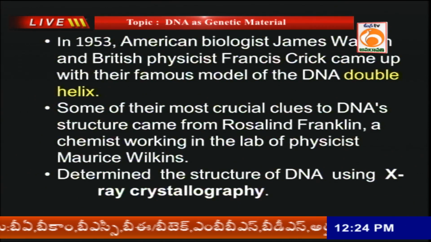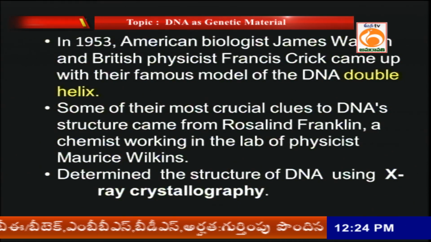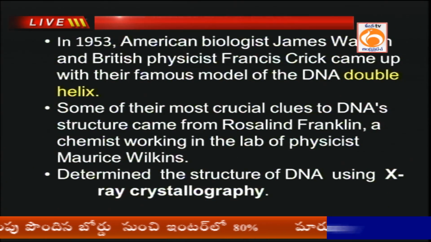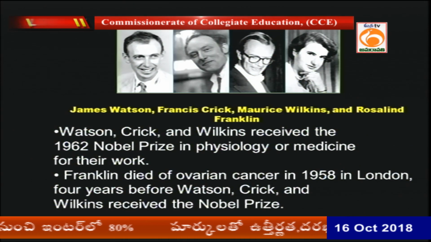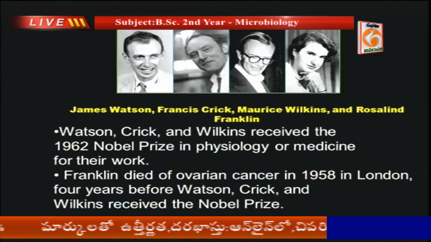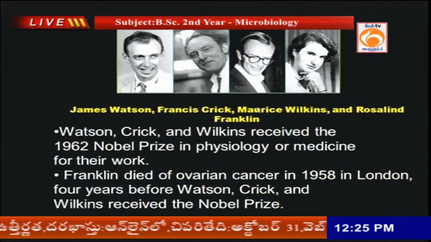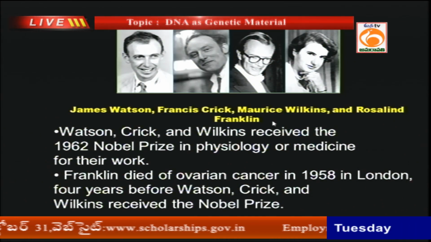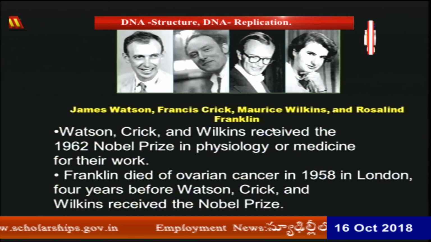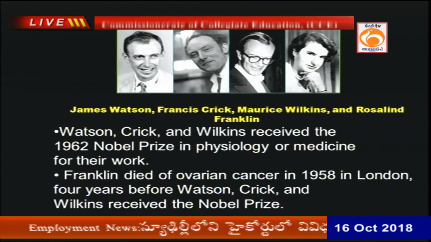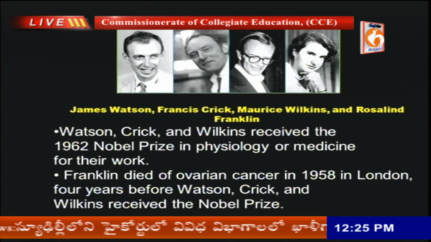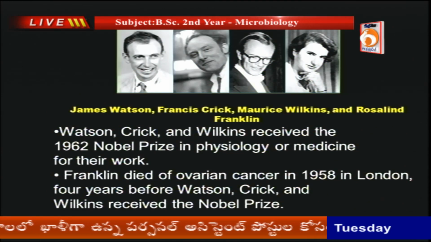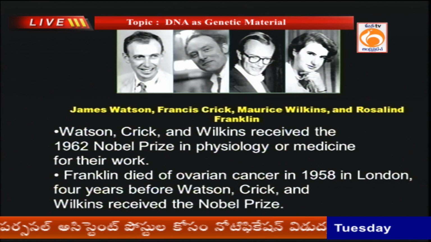It is a twisted ladder, and they revealed that this structure could carry the biological information. In 1962, Watson, Crick, and Maurice Wilkins received a Nobel Prize for their discoveries concerning the molecular structure of DNA, but unfortunately Franklin died of cancer 4 years before these researchers received the Nobel Prize.